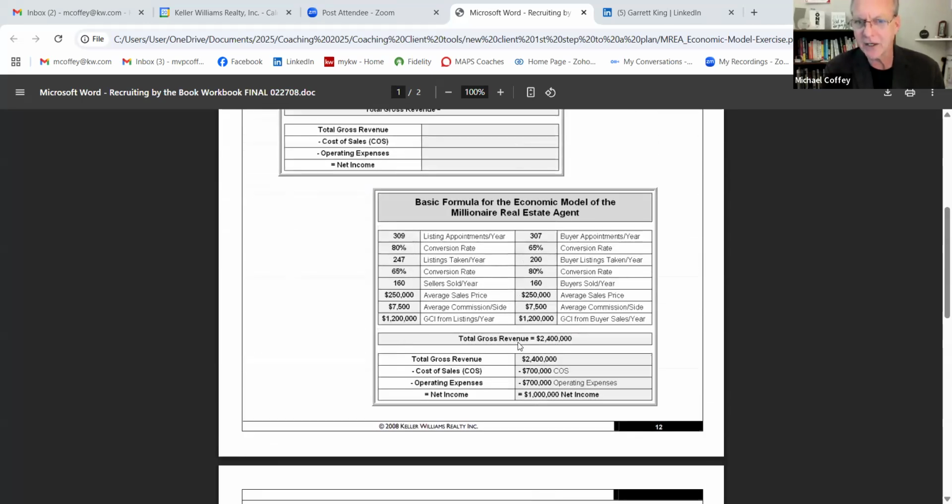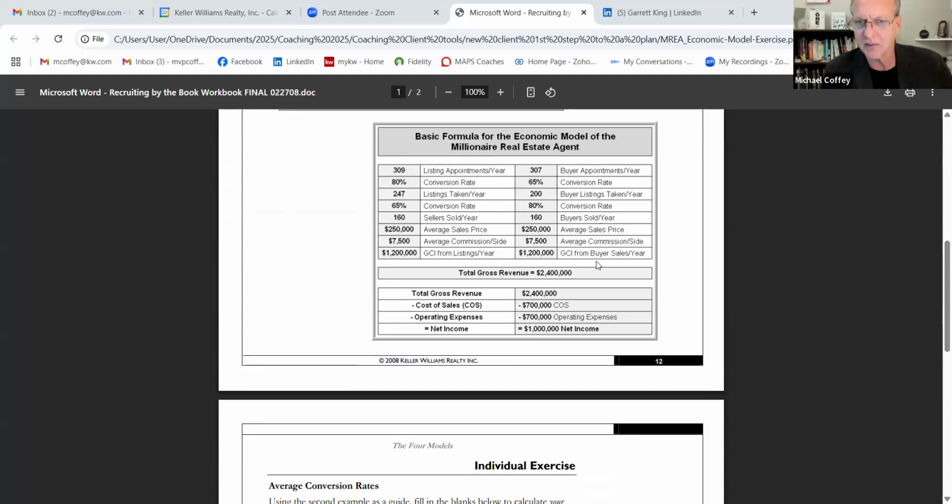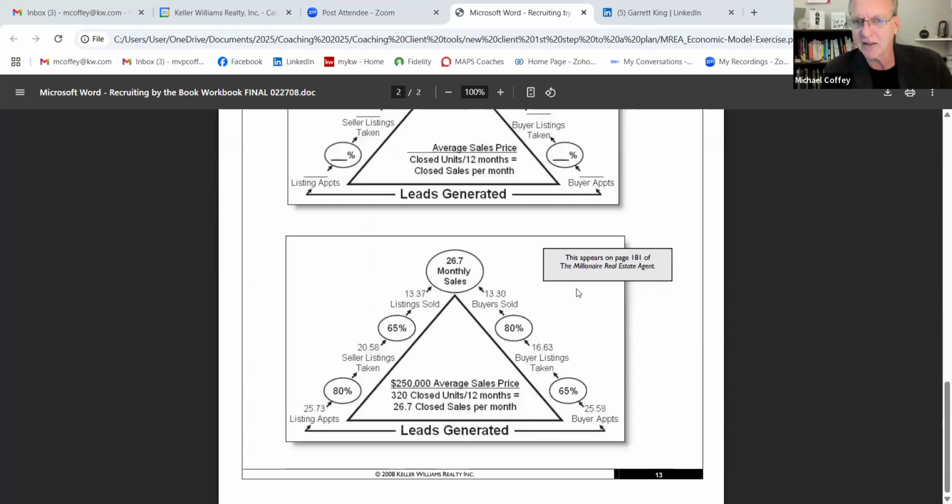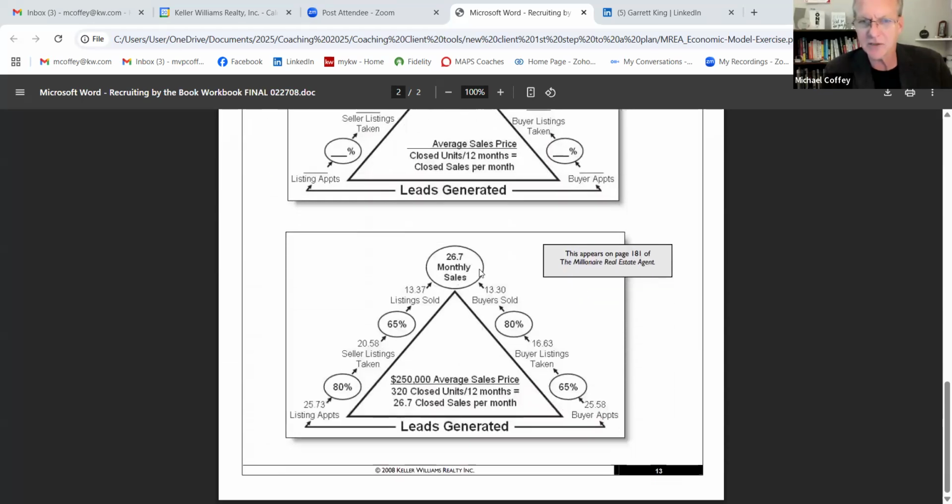So the way that I know I'm on track to net $1 million is if I've gone on 309 listing appointments and 307 buyer appointments. Every month, the way that I know I'm on track for my net million in this example is that I've gone on 25.73 listing appointments and 25.58 buyer appointments.